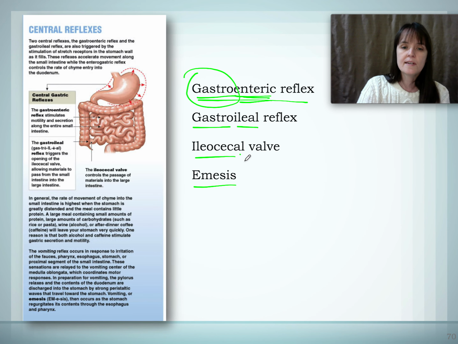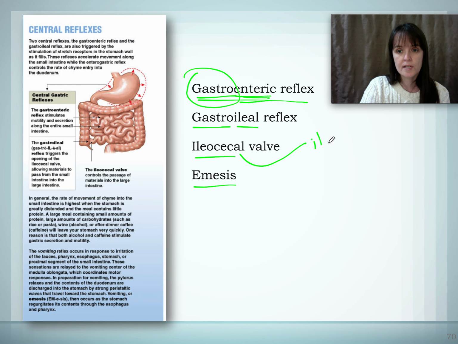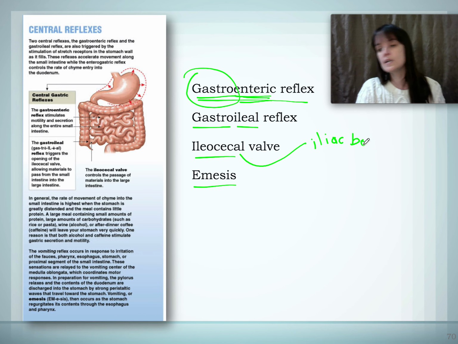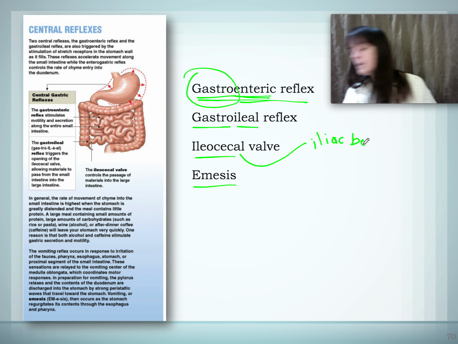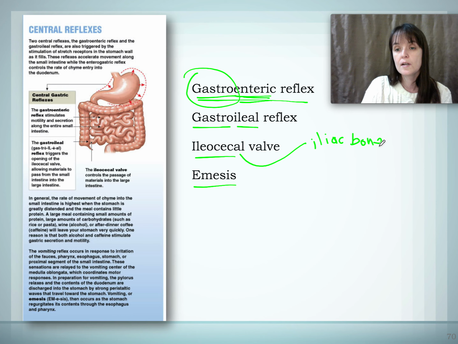So let's talk about the ileocecal valve again. We talked about the bone in the hip in 2401, and that's the iliac bone. And then we had a number of word roots that involved this, ILI, like the sacroiliac joint.